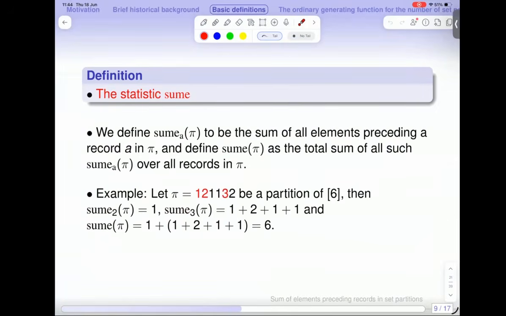We have a partition of the set 6 with exactly 3 blocks, and this is the canonical sequential form of this partition.